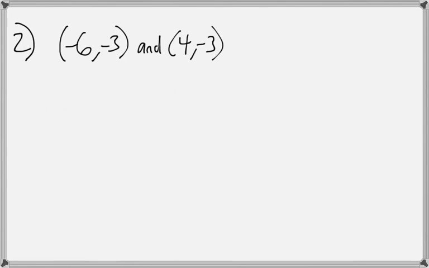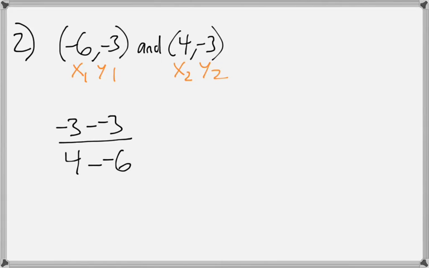Let's do another one. Let's do number 2. Again, I want to label these: x1, y1, x2, y2. And this will be negative 3 minus negative 3 all over 4 minus negative 6. So there's a lot of minuses in this one.